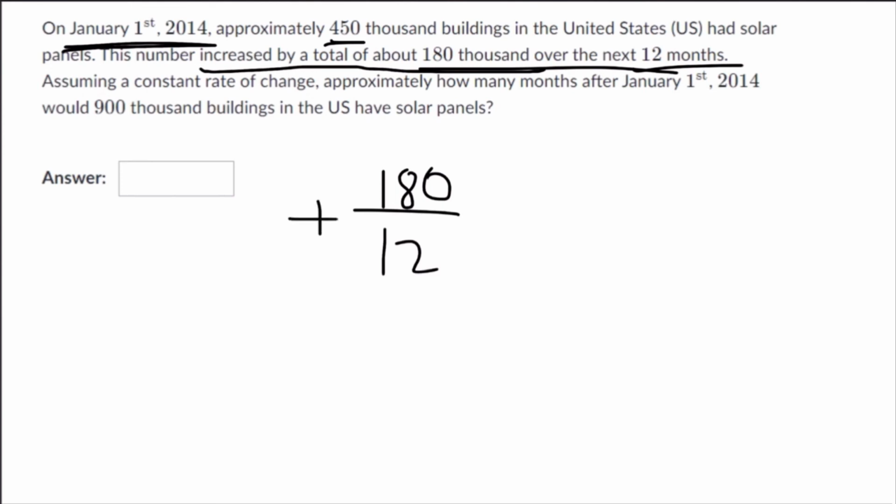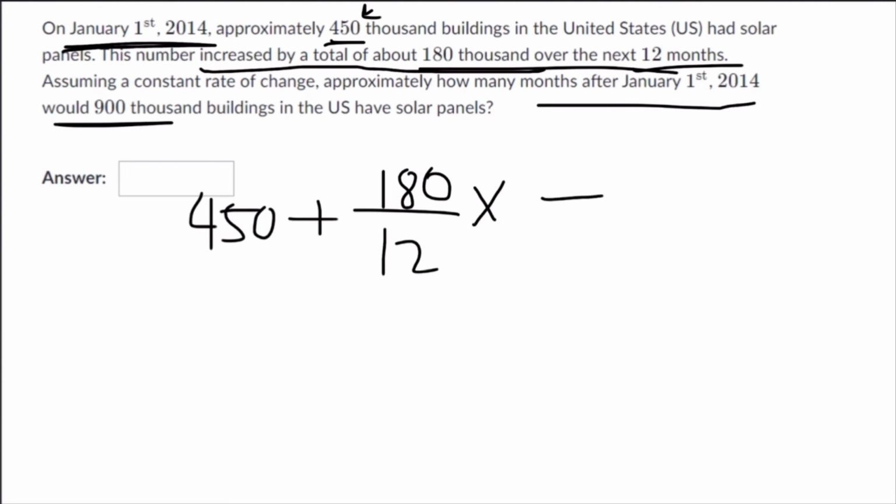And assuming how many months after January 1st would they have 900? So they already had 450 originally on January 1st, 2014, plus, of course, their rate for every month afterwards. How many months would it take for them to get 900?